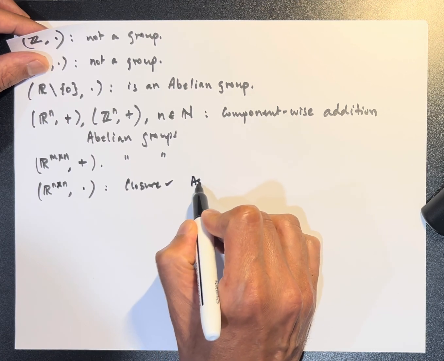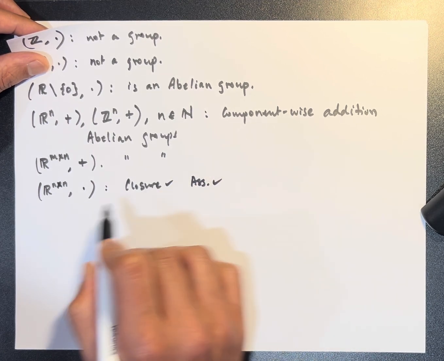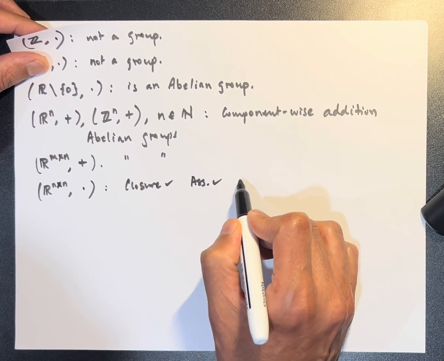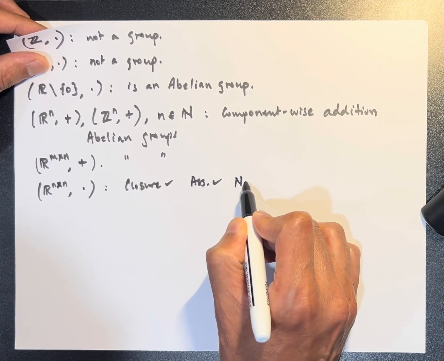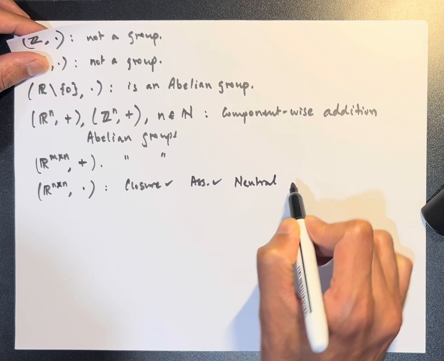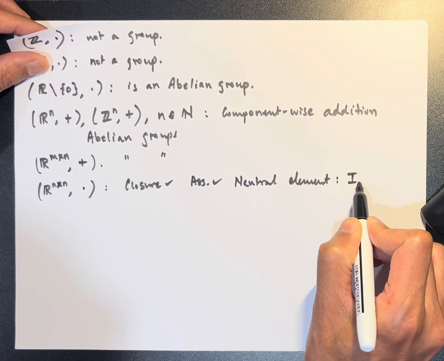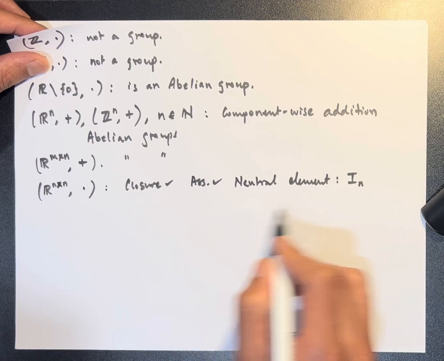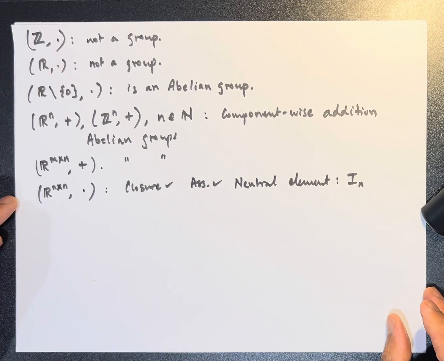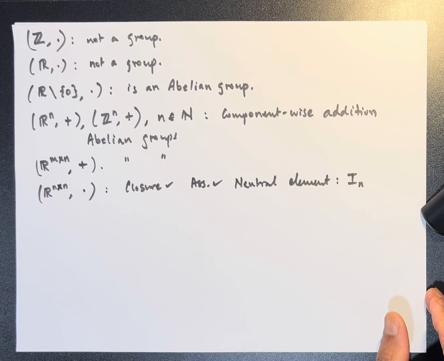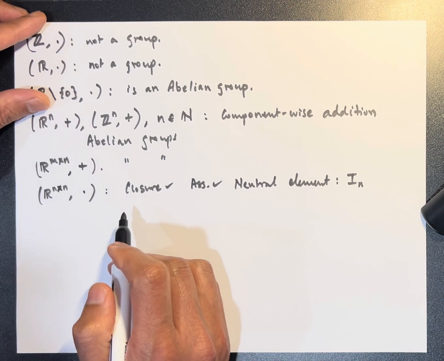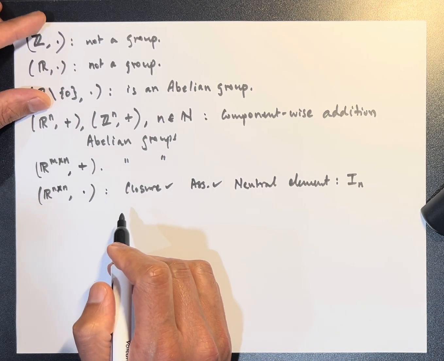Associativity is fine, because matrix multiplication is associative. The neutral element is there, which is just the identity matrix I_n. So there is no problem. But inverses don't exist for all matrices. If the inverse exists, then A inverse is the inverse element of A.